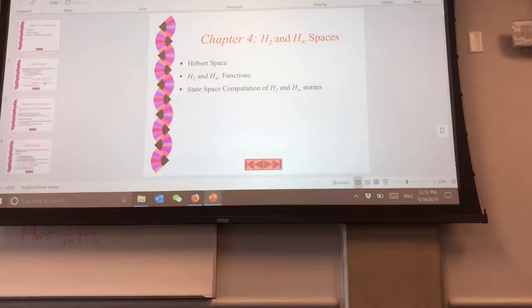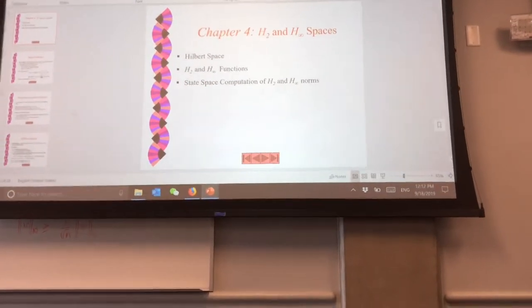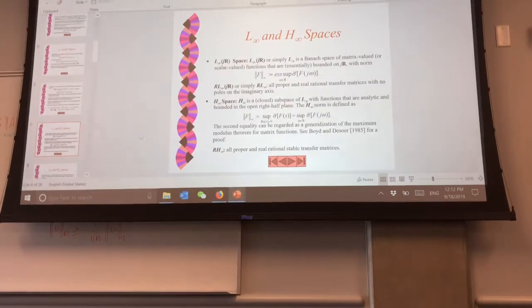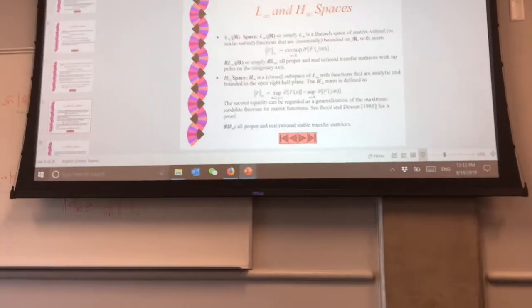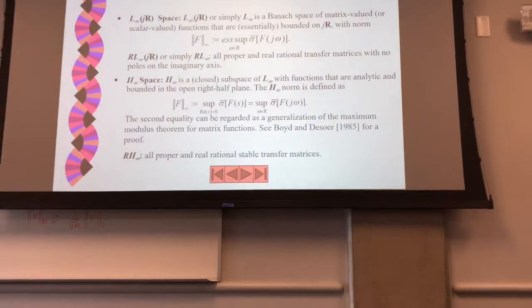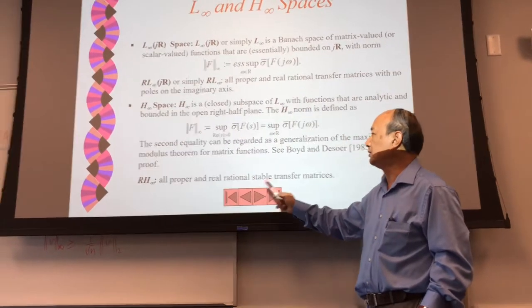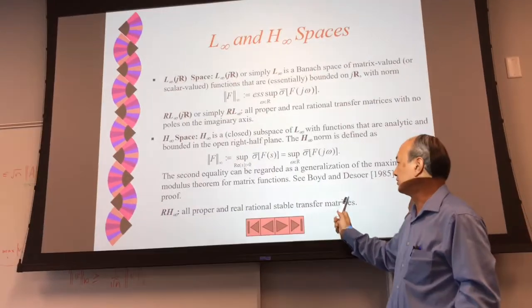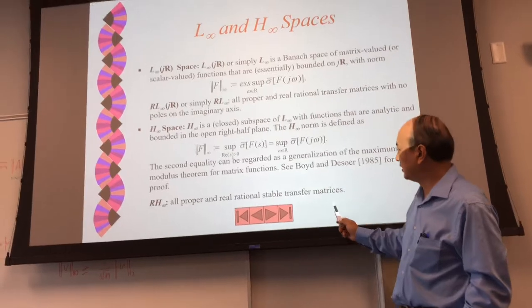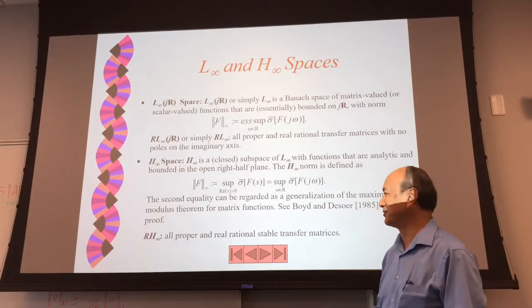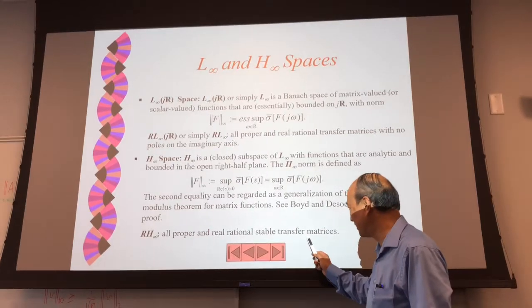Okay. So in here, I want you to look at the definition here. It's called all proper, real, rational, stable transfer function matrices. So I wish to say transfer function matrices should have functions.